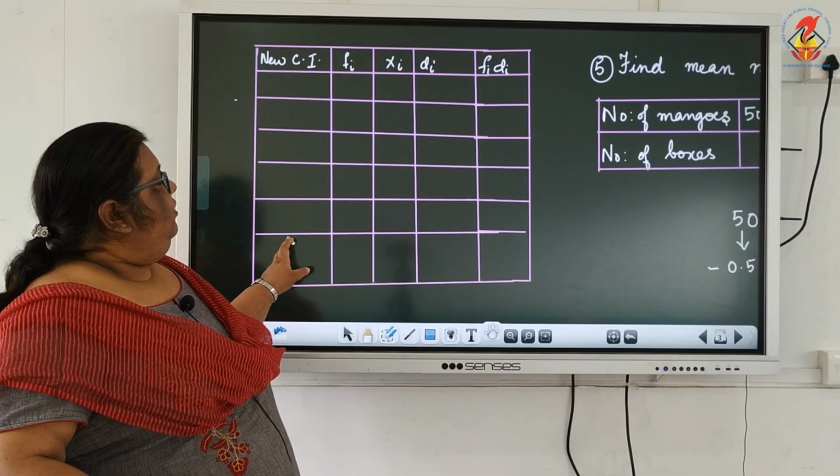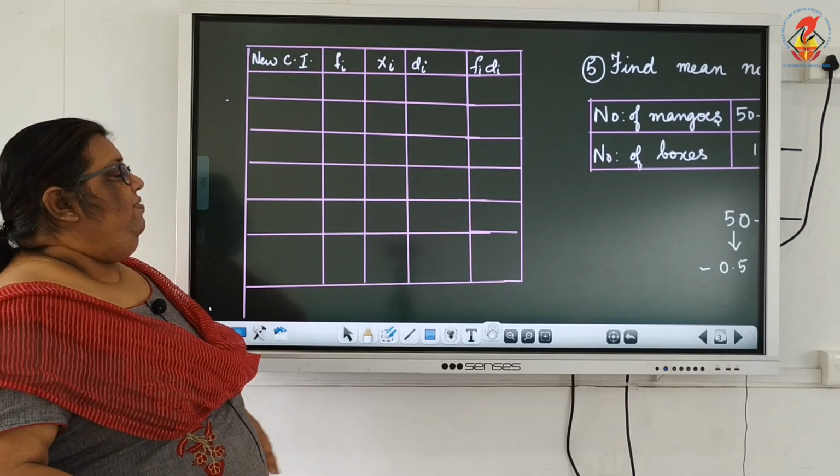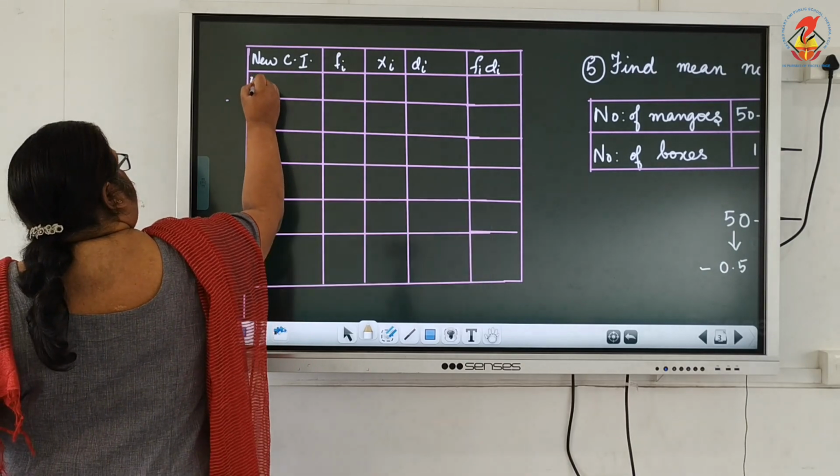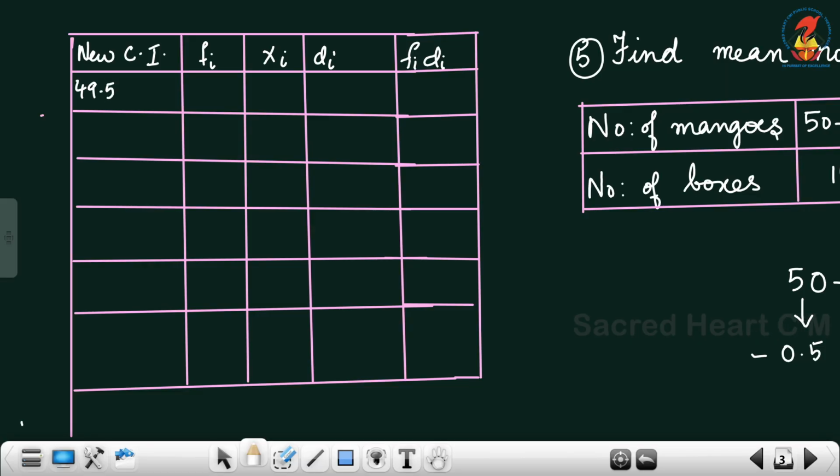So our new set of class intervals: when we subtract 0.5 from 50, what do we get? 49.5. And when we add 0.5 to 52, we get 52.5. What was the second class interval? 53 to 55.